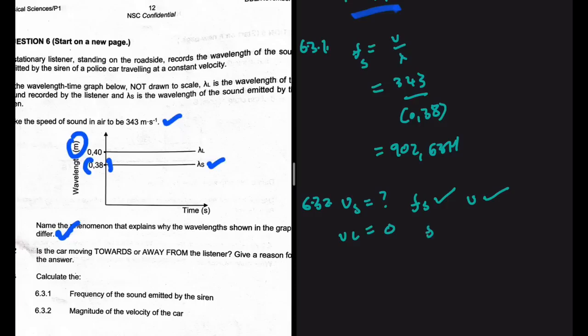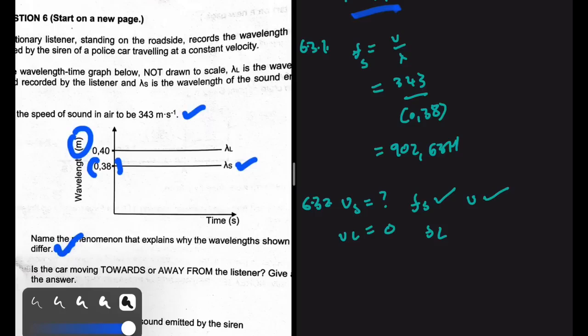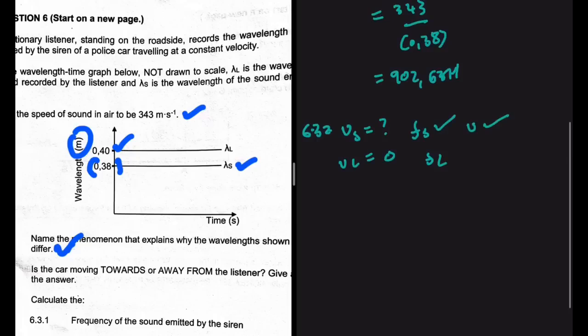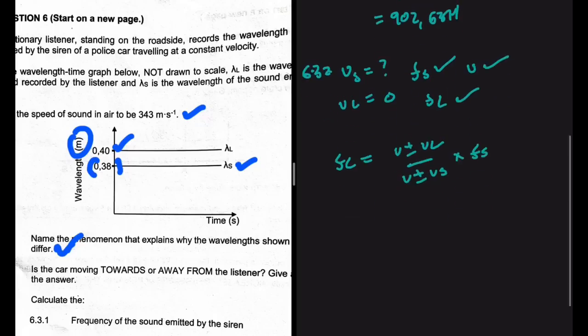And then what about the frequency observed by the listener? We can calculate that because we are given the wavelength. Okay, let's leave that for now, but we can calculate it as we move forward. So with these variables, we can say FL is equal to V plus or minus VL divided by V plus or minus Vs, multiplied by Fs.